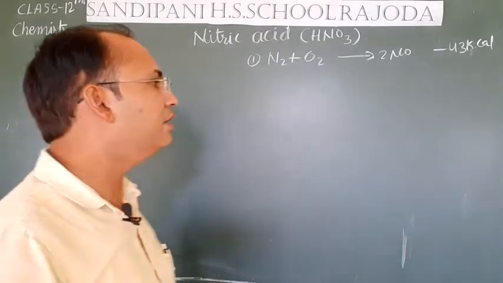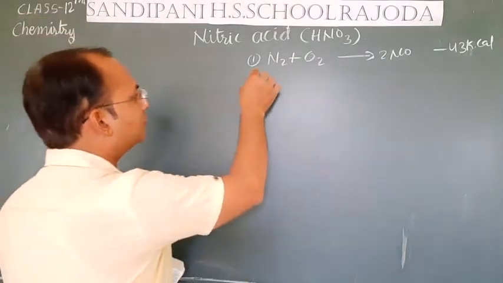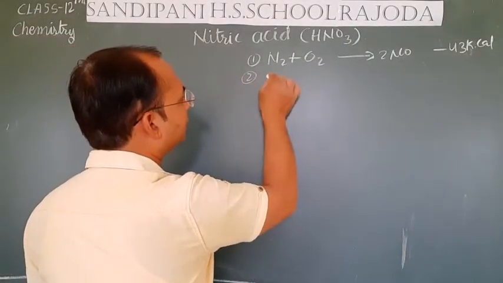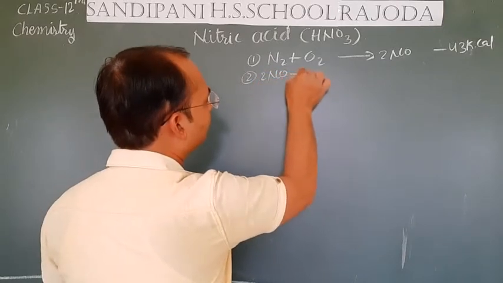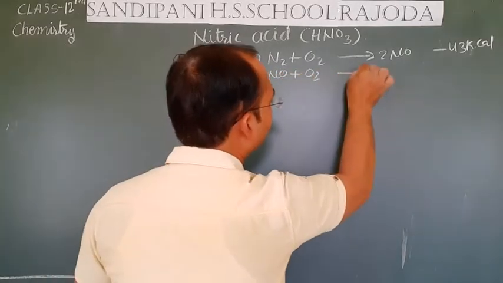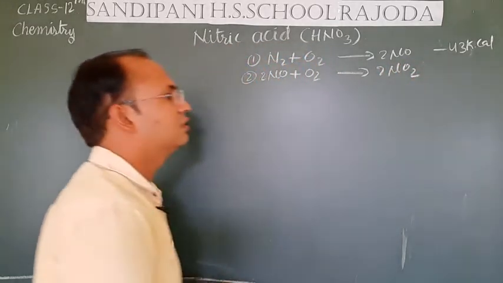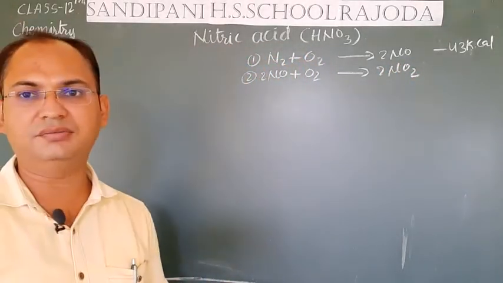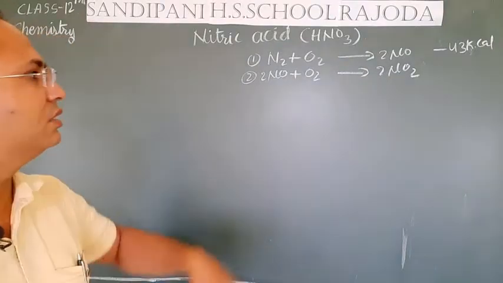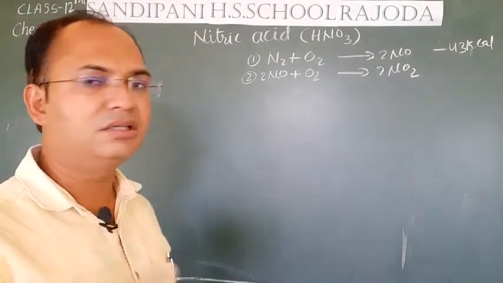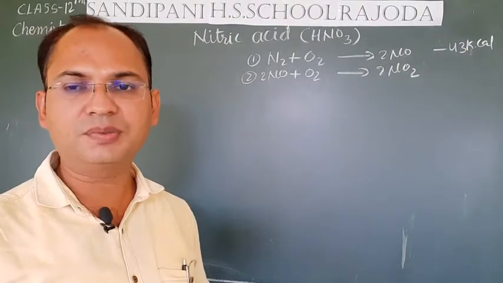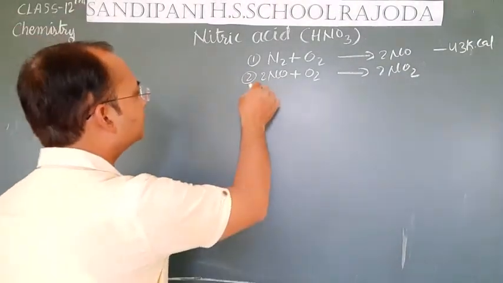Now this NO again reacts with oxygen in the second reaction. This 2NO again reacts with O2 to form 2NO2, that is nitrogen dioxide. Now students, this nitrogen dioxide reacts with water to produce nitric acid.